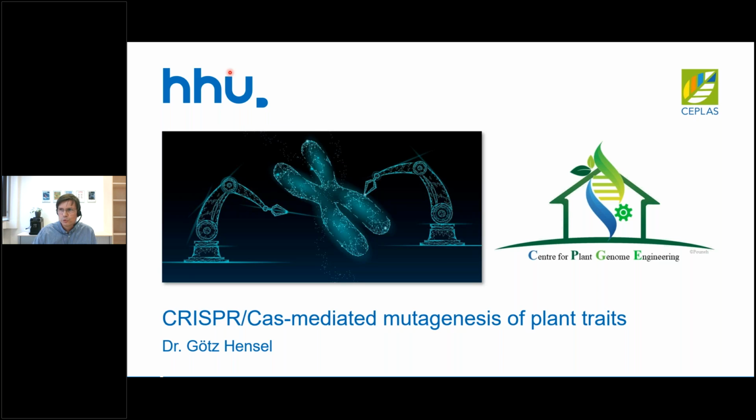I moved to HHU in August 2020, and since then I'm establishing the Center for Plant Genome Engineering. And since November, I'm also associated scientist in the CEPLAS, the Center of Excellence in Plant Science, where several universities and research institutes belong to.